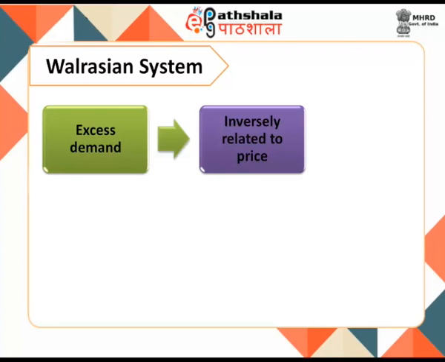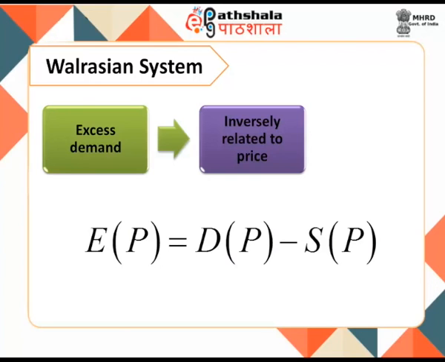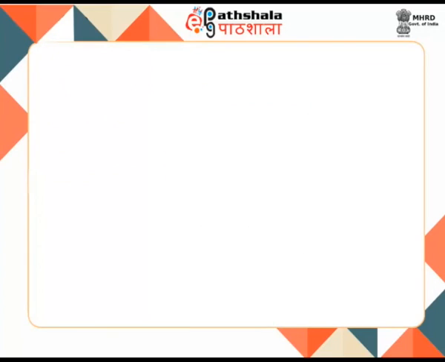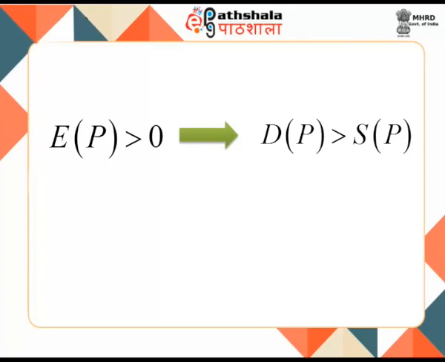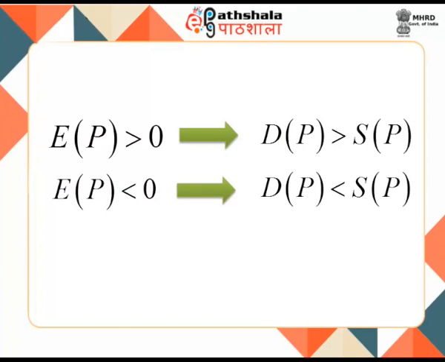Mathematically, the excess demand at price P can be defined as E(P) equals D(P) minus S(P), where D(P) is demand price and S(P) is supply price. It is positive, or E(P) is greater than 0, if D(P) is greater than S(P). It is negative, or E(P) is less than 0, if D(P) is less than S(P).